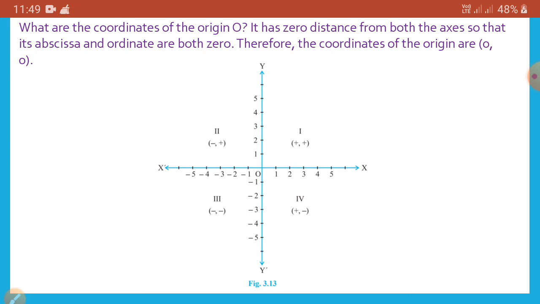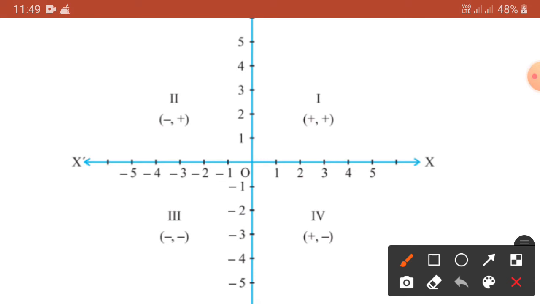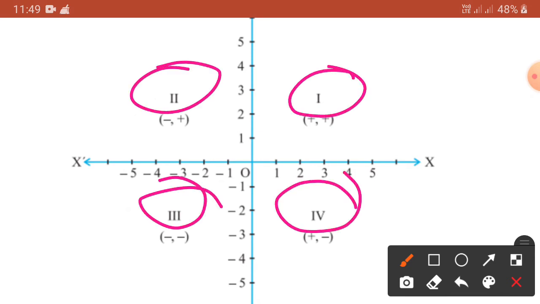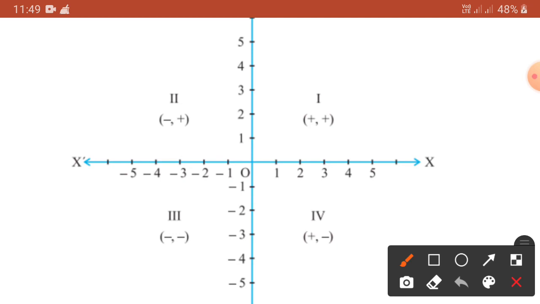Okay, so we are checking it. We know that we have 4 quadrants on the xy plane. First quadrant, second quadrant, third quadrant and fourth quadrant. If a point is in the first quadrant, then the point will be in the form of plus plus.